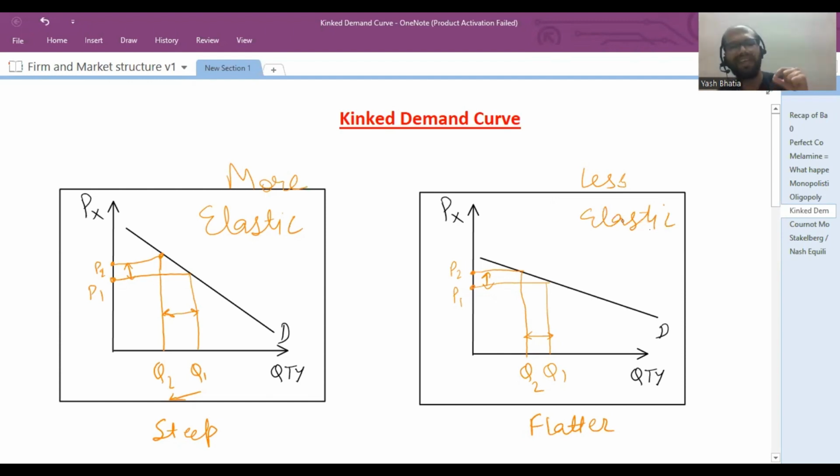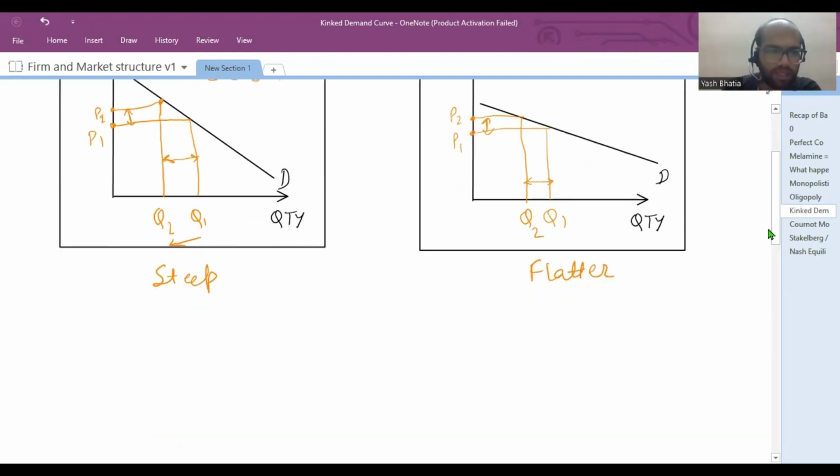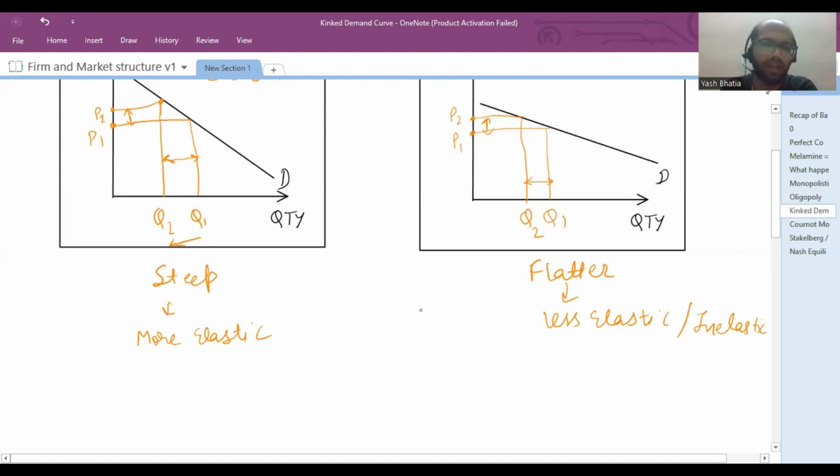Because for the same unit of increase in price, the quantity demanded is falling less as compared to the curve on the left. Okay, so what we have learned here is that the steeper curves are more elastic and flatter curves are less elastic, or you can say are inelastic. This is the concept of elasticity. You need to remember this.